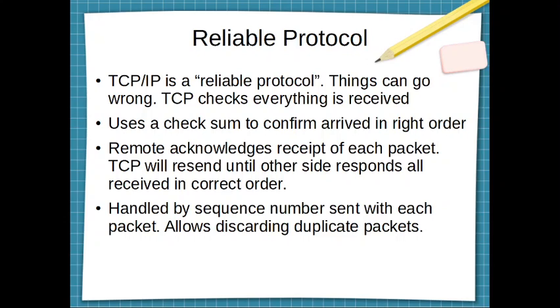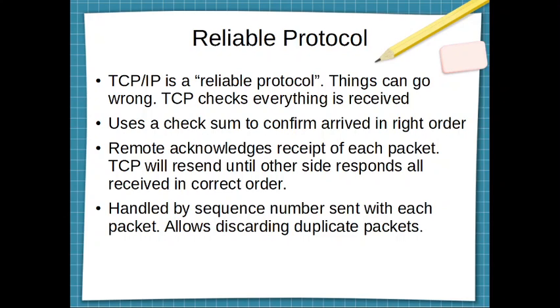TCP, on the other hand, is a reliable protocol. TCP uses a checksum to confirm everything has arrived in the right order. So every packet that it sends has a rubber stamp sequence number, and if the receiving computer receives things in the wrong order, it will do the wrong checksum calculation and respond with the wrong checksum, which will tell the sending computer that it needs to resend and reset up the communication.